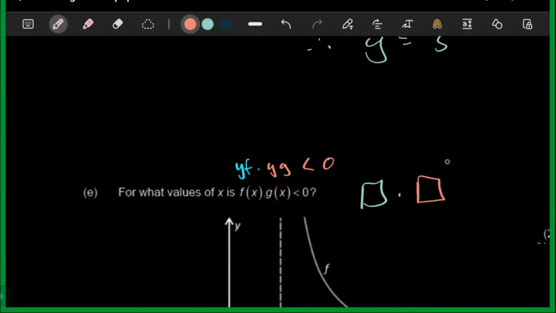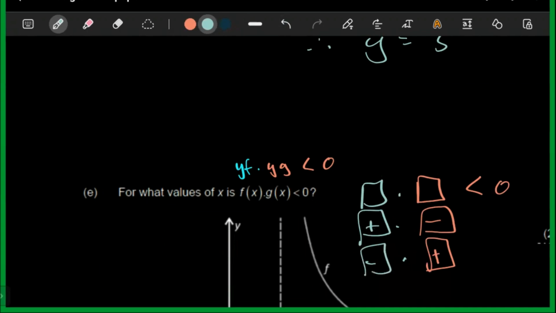The only way this can be smaller than 0 is if the first number is a plus while the other one is a minus, or the first number has to be a minus while the other one is a plus. Those are the only scenarios where our value is going to be smaller than 0.